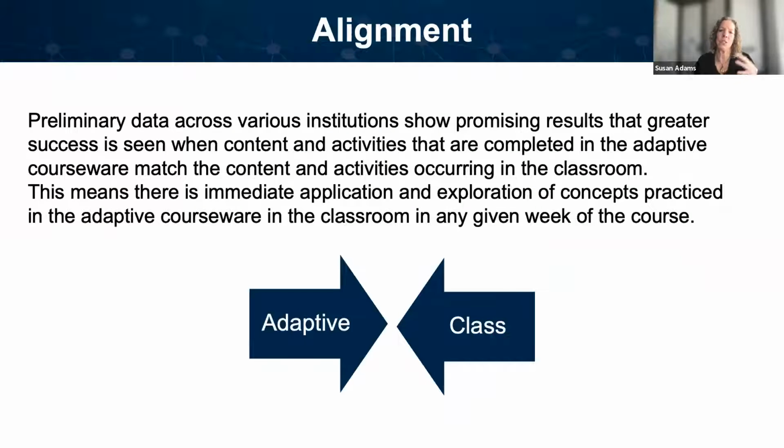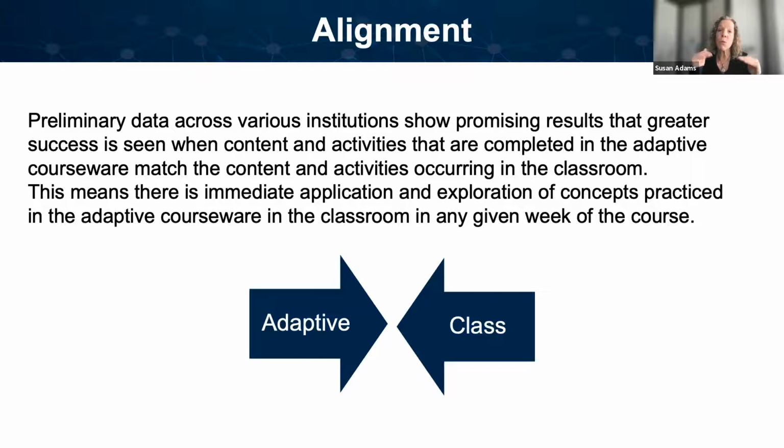And that leads to this concept of alignment. So we've identified as a best practice through our pilot of this initiative that most success is seen when adaptive activities and content align with what's occurring in the classroom. So for example, if in the adaptive you're on objective 3, but in the class that week you're on objective 4, it's going to be enough of a disconnect to cause confusion.